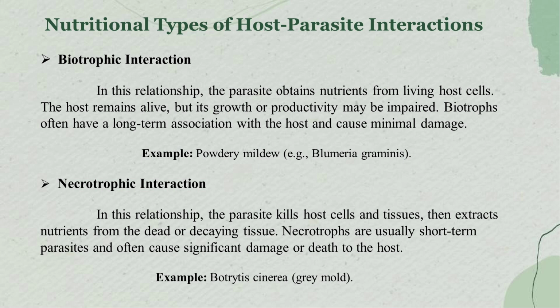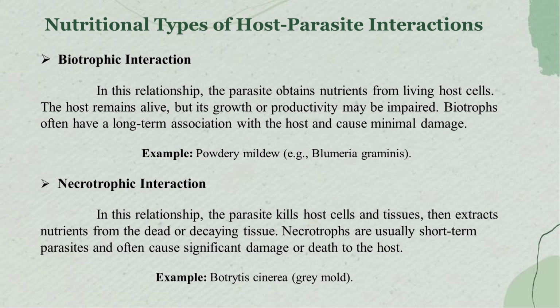Nutritional types of host-parasite interaction. Biotrophic interaction. The parasite feeds on living host cells without killing them, usually causing minimal damage but reducing the host's growth or productivity. For example, powdery mildew, Blumeria graminis. Necrotrophic interaction. The parasite kills host cells and feeds on the dead or decaying tissues, often causing significant damage or even death to the host.